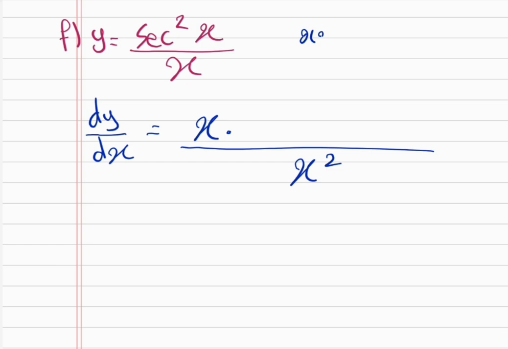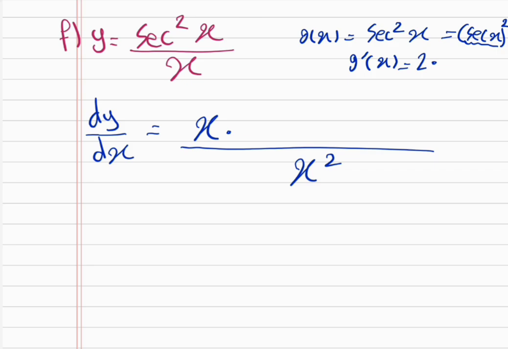Let's say the numerator function g of x is sec squared x, and it's a chain rule because this is the same as writing sec x and then a squared outside. If we want to differentiate this, 2 is the power, so it comes down. And then, as always, we differentiate the inside function.